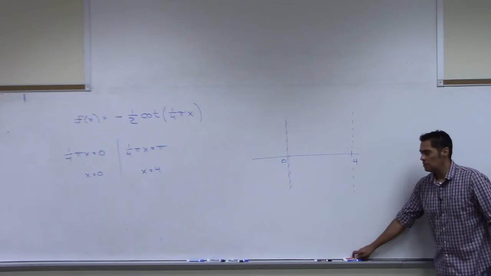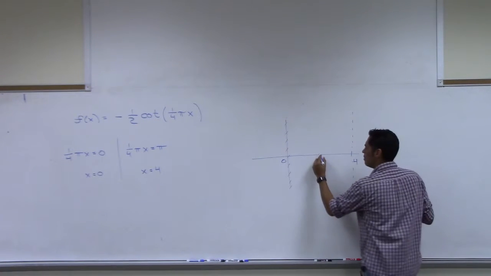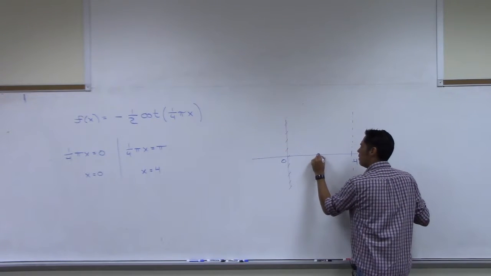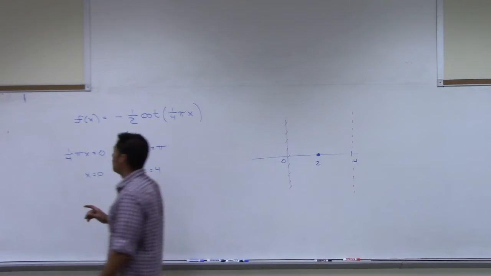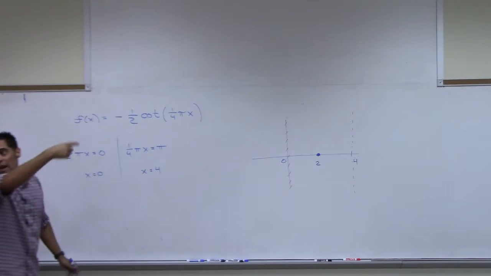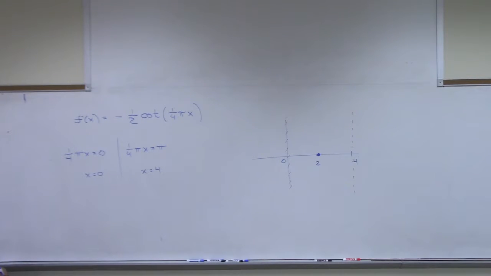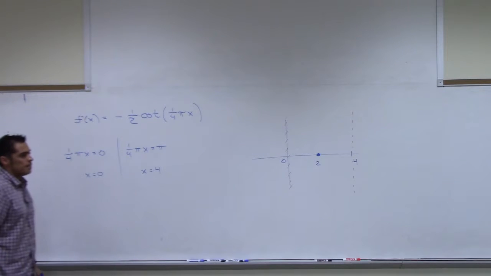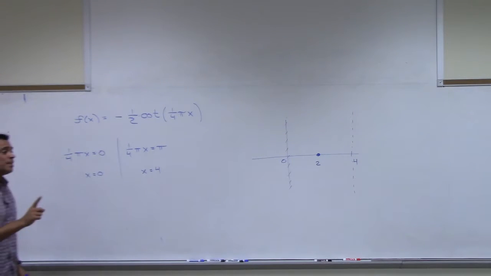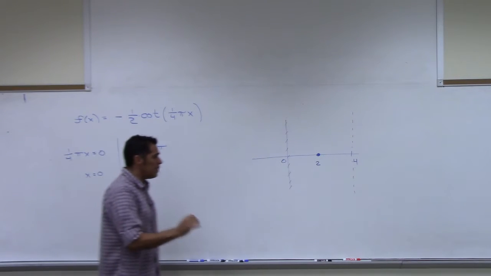X-intercept in the middle, right at 2. That's if we had subtracted 1/2, right? This is multiplication. You said it equal to pi, what do you mean, you said it equal to 2 pi or just pi? Pi. For cotangent, it's 0 and pi.